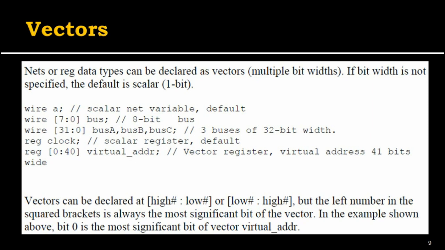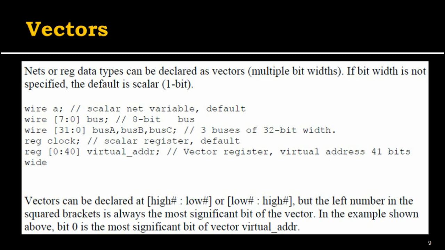Then the last one, wire [0:40]: here 0 is the MSB and 40 is the LSB. So the left one is the MSB and the right one is the LSB. In the example shown above, bit 0 is the most significant bit of the virtual address. This is very important. The left one is the MSB.